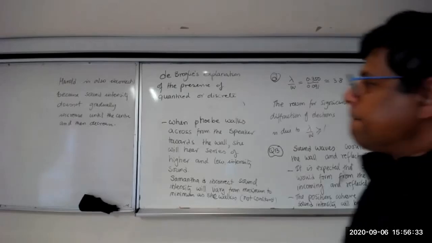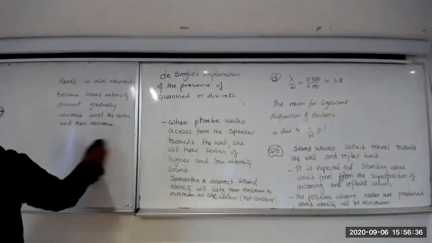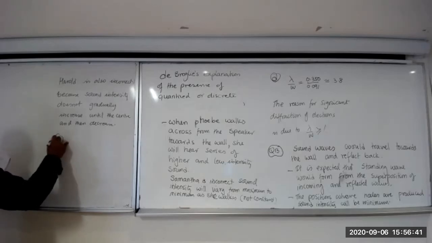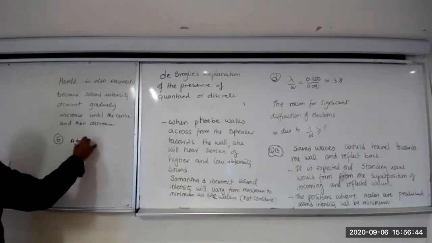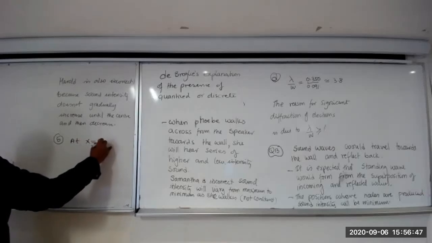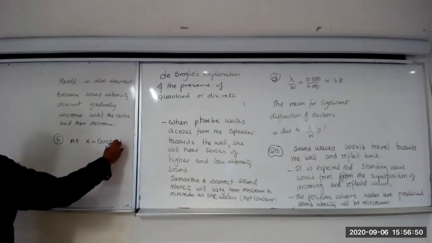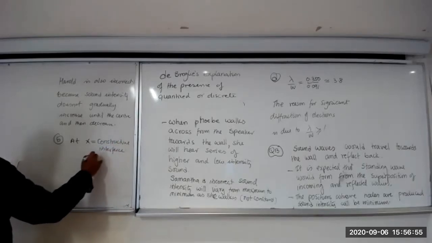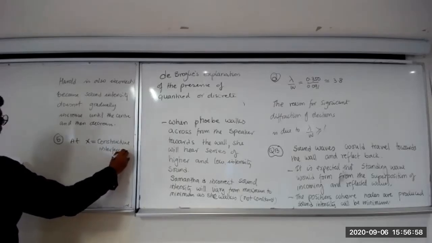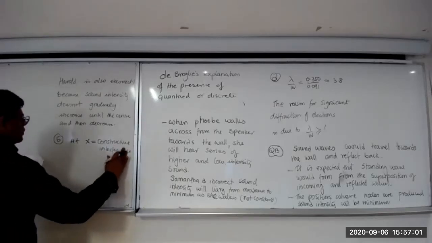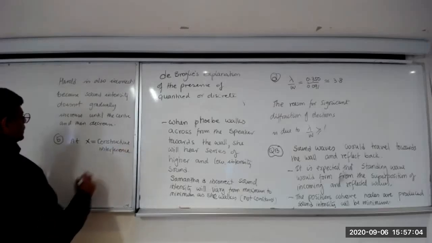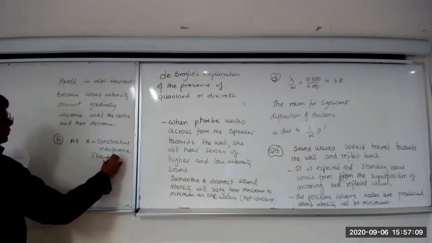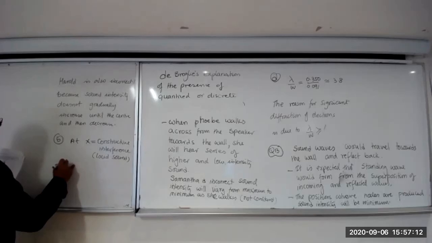Okay, part B. Just drop it down. At X, constructive interference, louder sound. So the path difference is equal to n lambda.